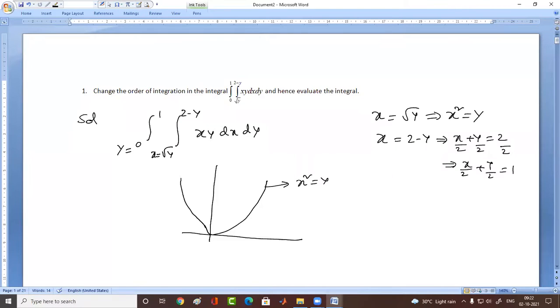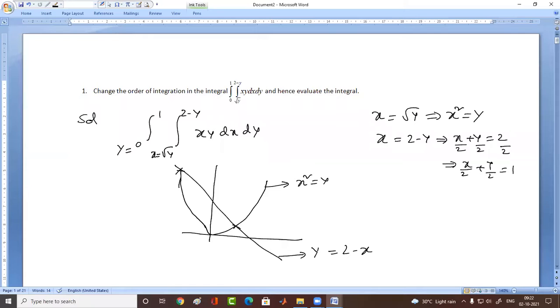If it is completed, don't worry, I will listen to the problem again. Now the other one, x by 2 plus y by 2 equals 1, is a straight line. Here is the first point of intersection, and another point of intersection is here. So this line is y equals 2 minus x.